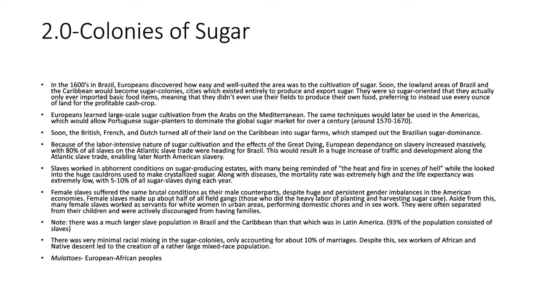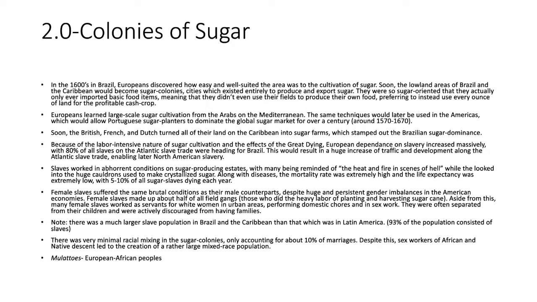Cash crops. Sugar is a cash crop, which means it is very what? Money. It's worth lots of stuff.